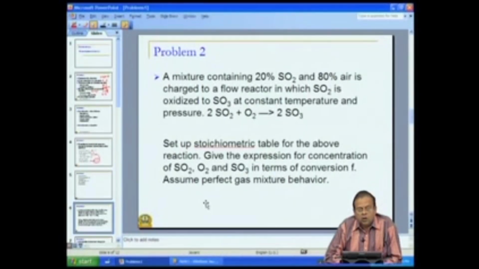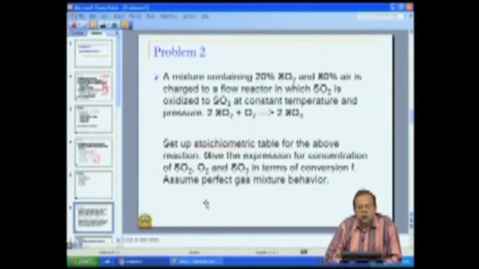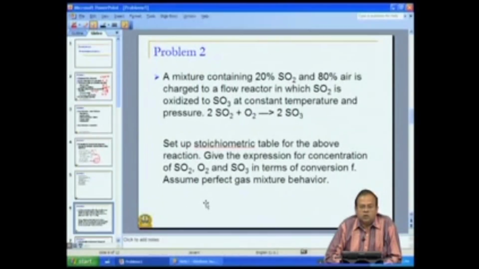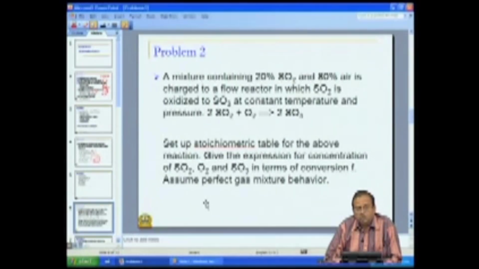Okay. Now, this is a straightforward problem, except there is a small hitch, namely we have been asked to find the concentration expressions in terms of conversion F. Now, we know that we define conversion in terms of the species which is chemically limiting or stoichiometrically limiting.